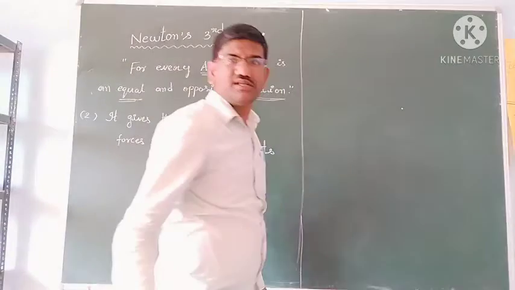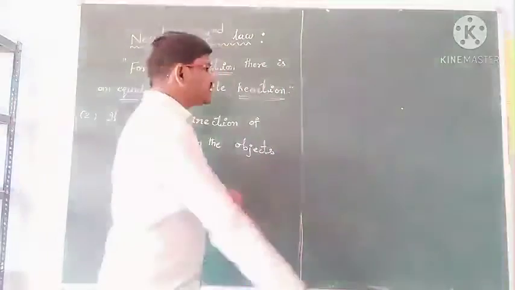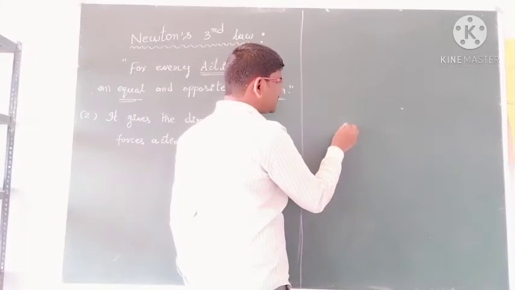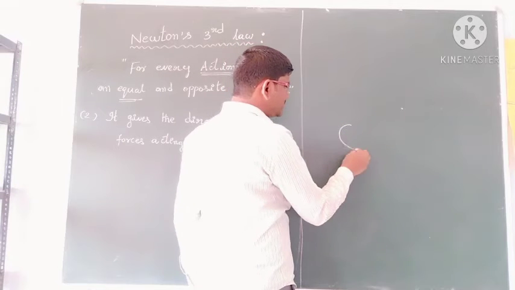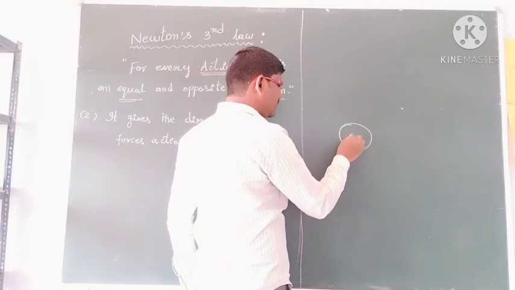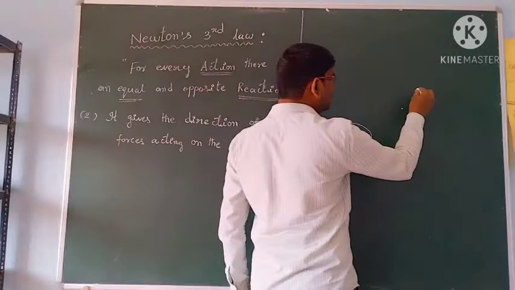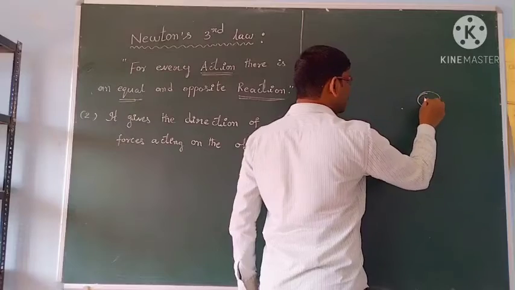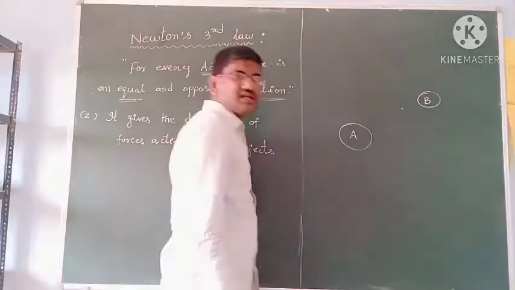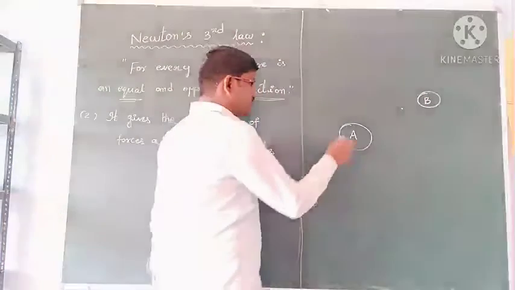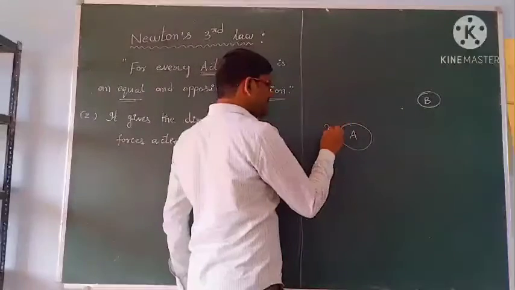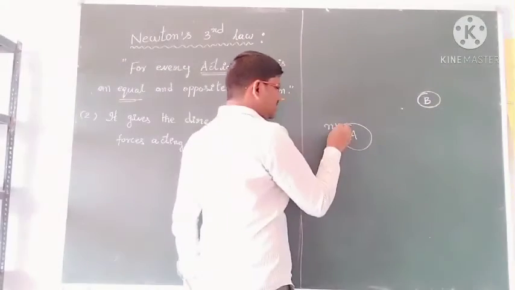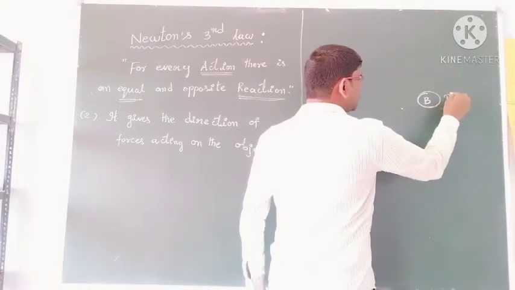Or you see, students, consider two objects, object A and object B. So A and B are the two objects I considered here. Its mass you consider M1, and its mass you consider M2.